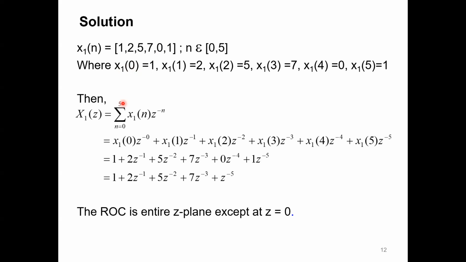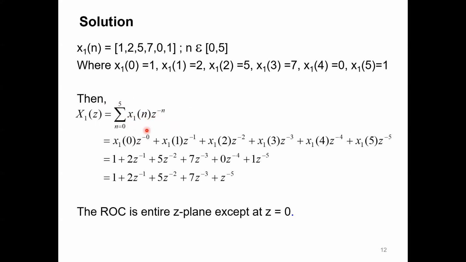And second step, you use the definition of the Z transform, which is summation from n equals 0 to infinity. In this particular case, we have only 5 samples, but the definition says 0 to infinity. So we work it out 0 to 5, x1[n] z to the minus n.